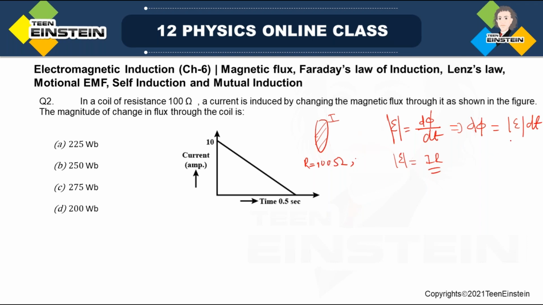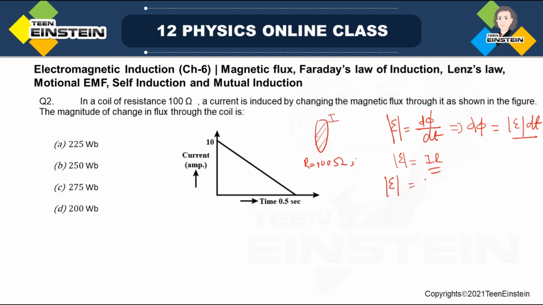Okay, so d phi is the change in the flux through the coil, that is equal to E, EMF into dt.